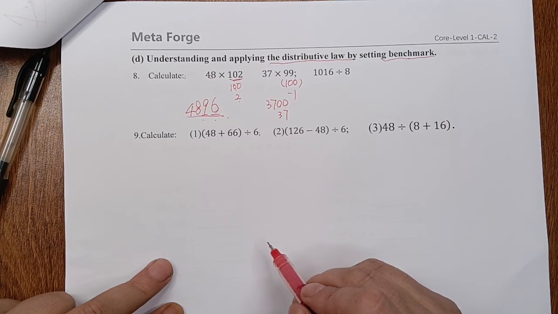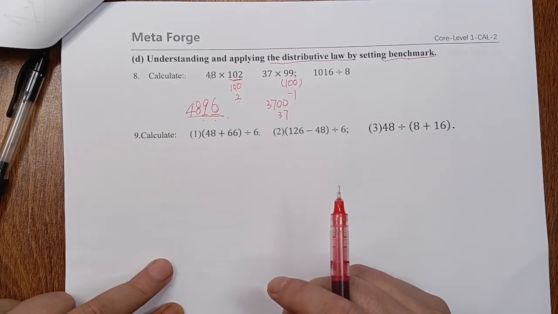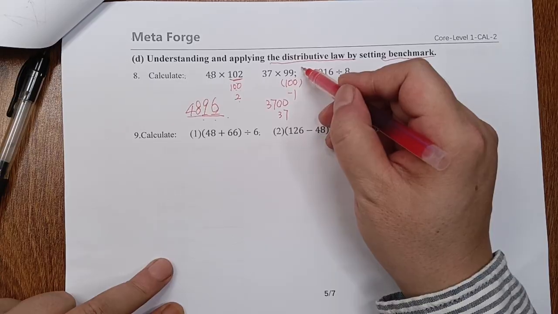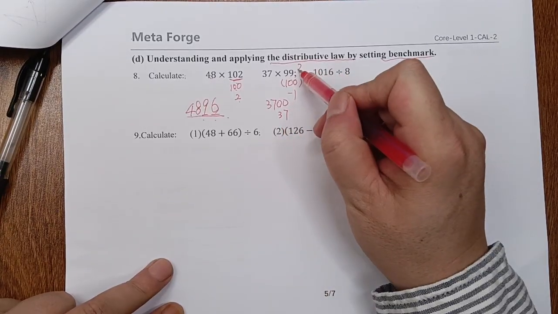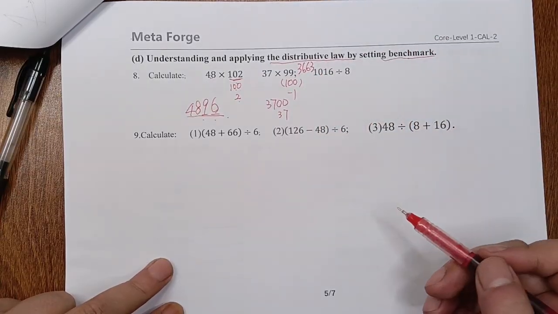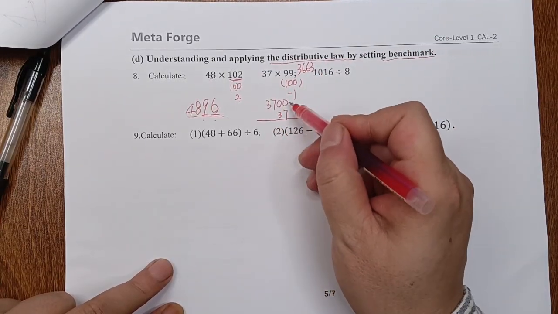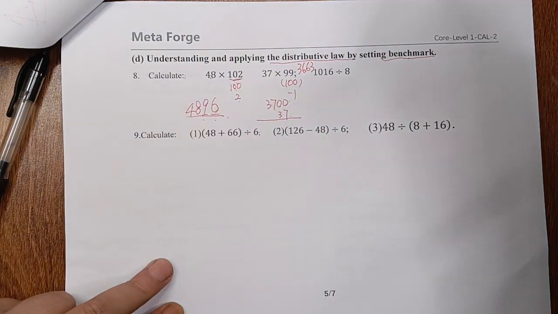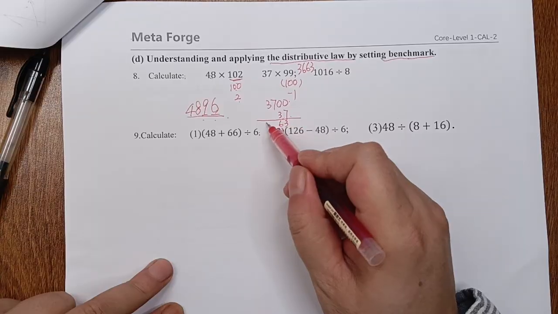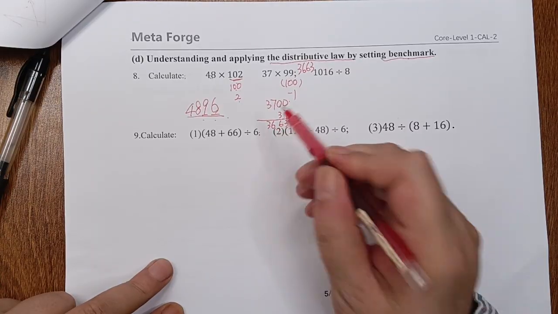If you have enough capability of mental calculation, you can do it directly: 3663. If you have not, it does not matter. Write it down in the vertical form. Okay? That's okay.